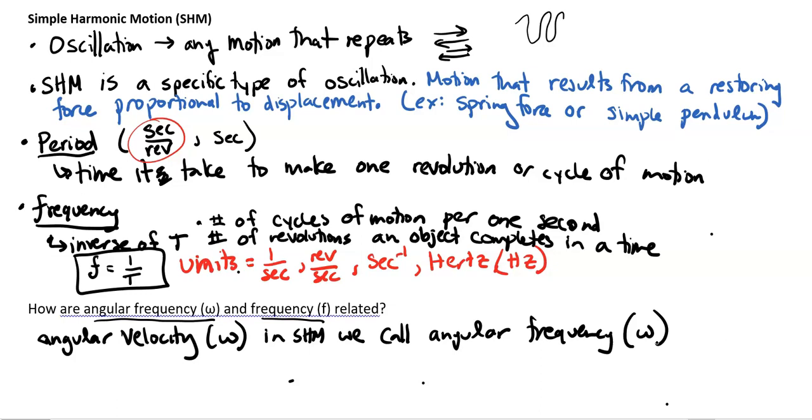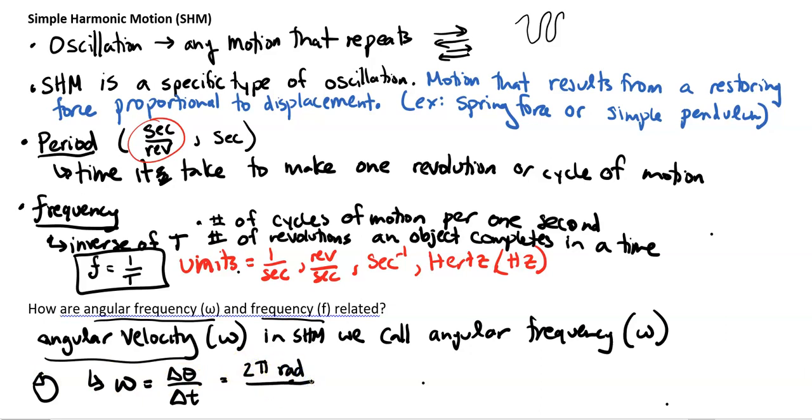So we know angular velocity, omega, is our change in theta over change in time. Let's say we're talking about something going around once. If it goes around once, so one rotation, it is going to go through 2 pi radians per whatever the period is, and so that will be T seconds.